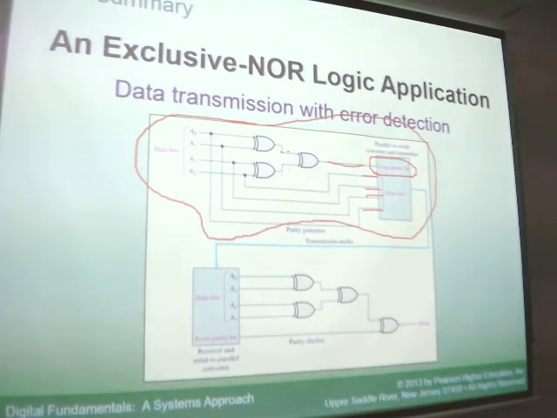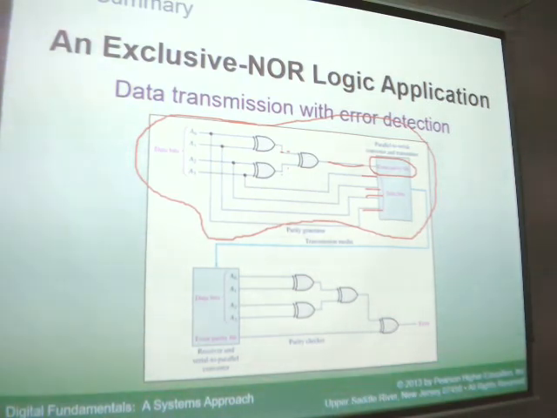For this input, 0 XOR 1 equals 1. And 0 XOR 0 is 0. So 0 XOR 1 equals 1. Right?